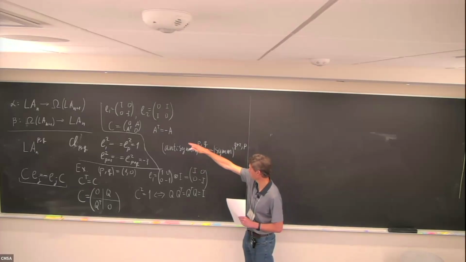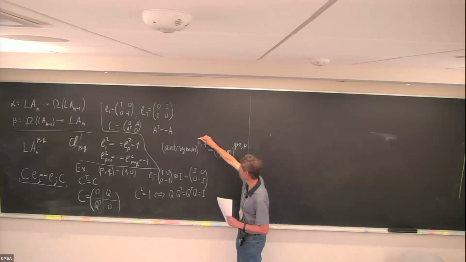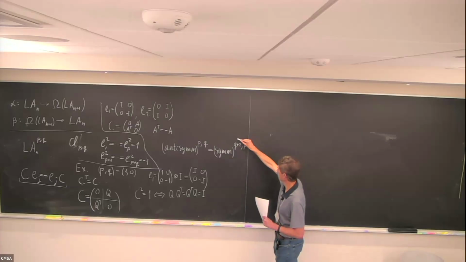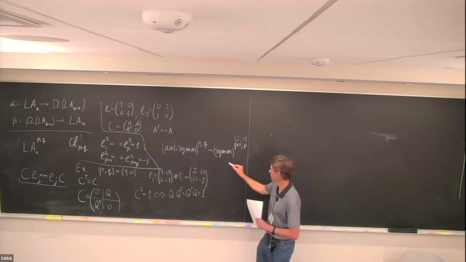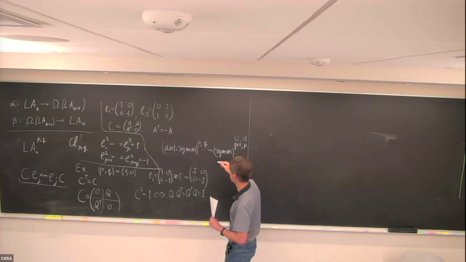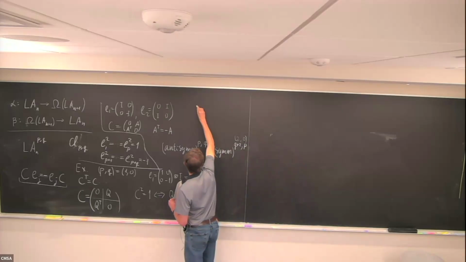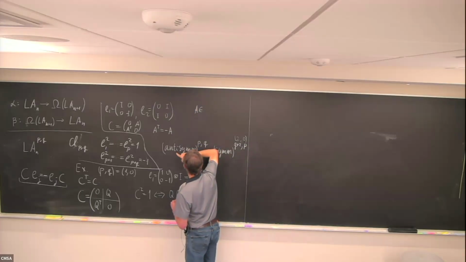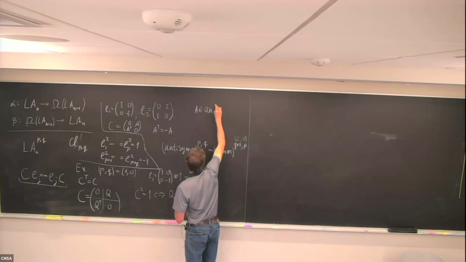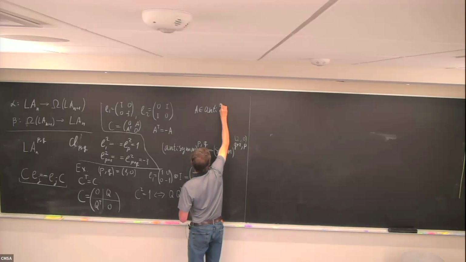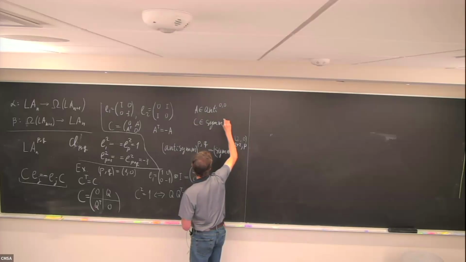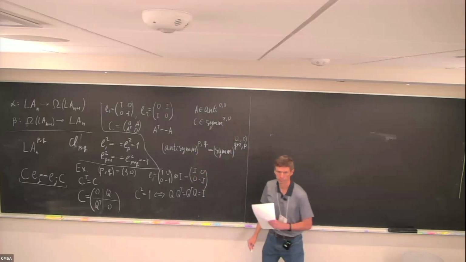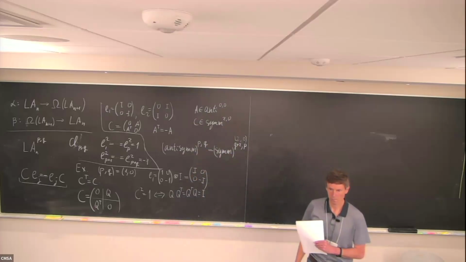In the previous calculation, we took P and Q equal to 0, and we got 2, 0. So A is a member of this, and C is a member of this. Explain again what you mean by symmetric 2-0.